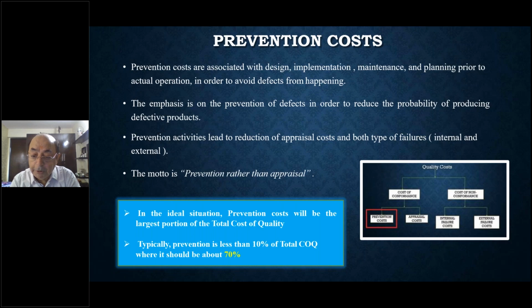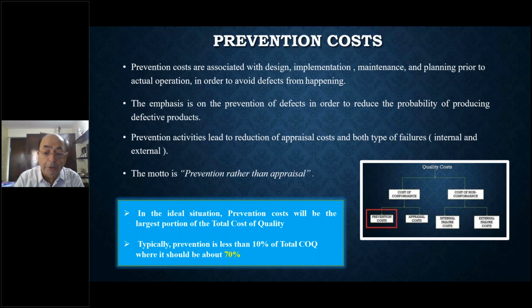Now, here I would like to clarify, these are failures which happen in the organization before the product or service is shipped or provided to the customer. These are costs that would disappear if no defect is found in the product before dispatching.